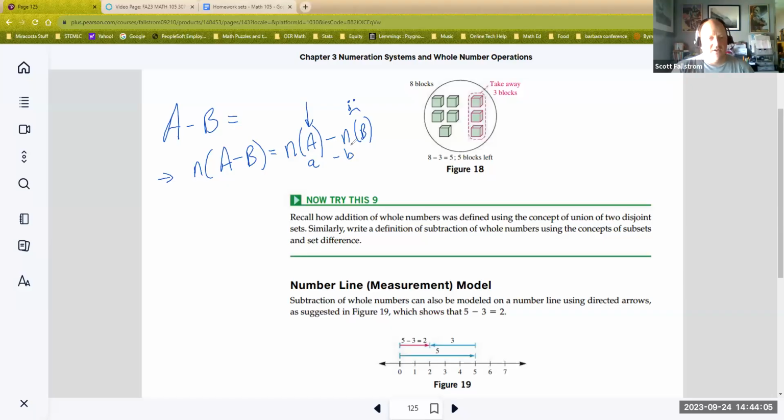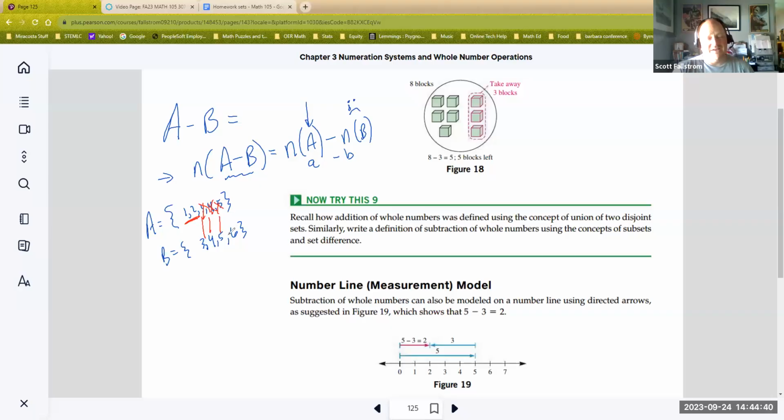It's not. And the reason is, if you had a set A here, and A was 1, 2, 3, 4, and 5, and set B is the set 3, 4, 5, 6, let's say, then the number in A is 5, the number in B is 4, but for A set difference B, the only things I would remove from A are where they match up, so I'd pull those 3 items out, leaving myself with 2.